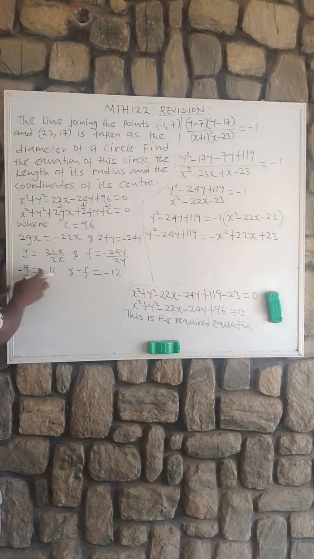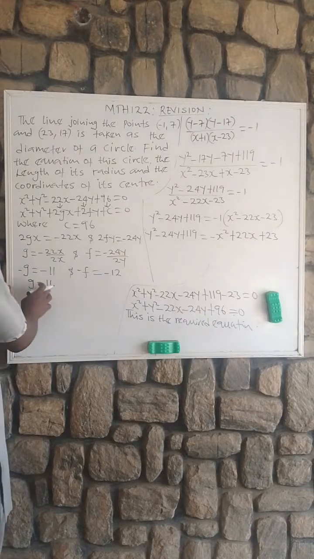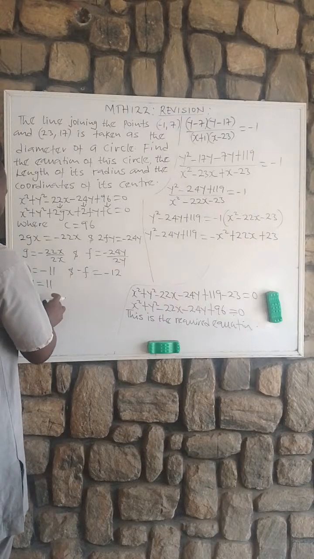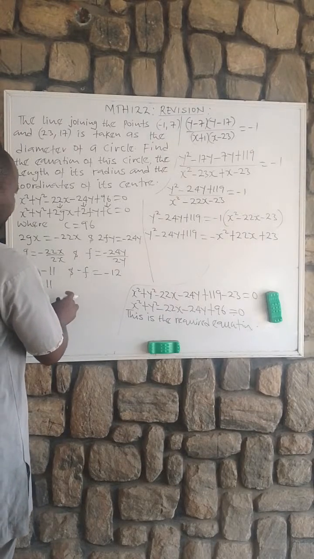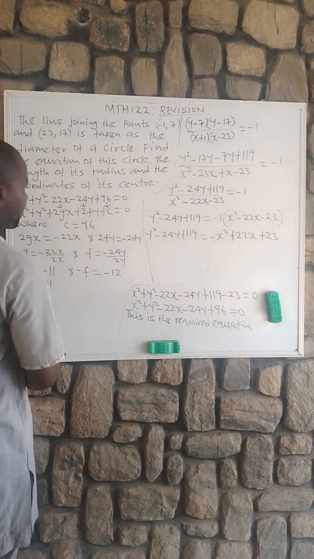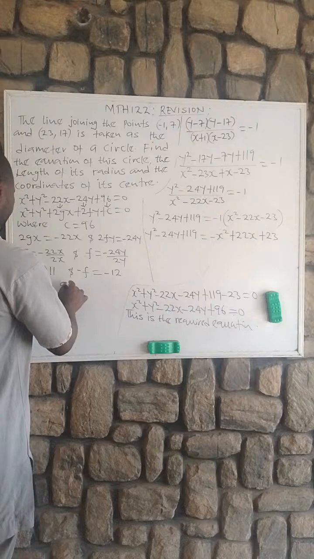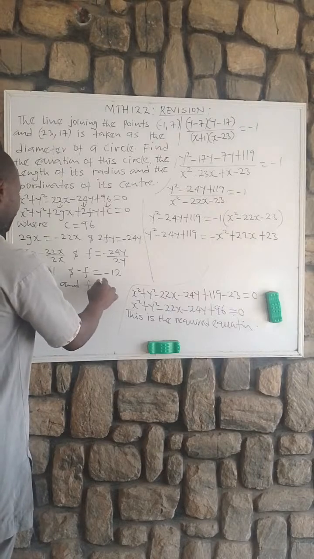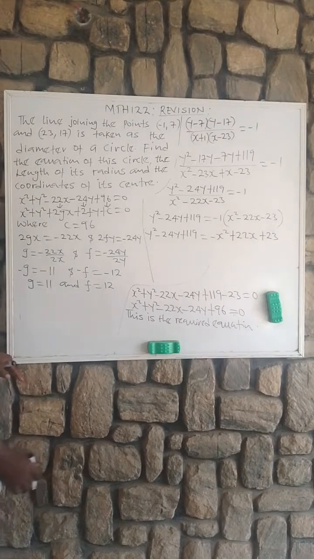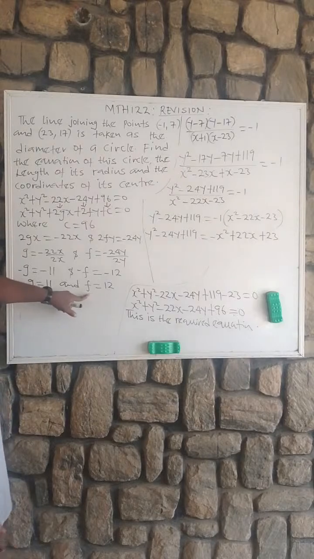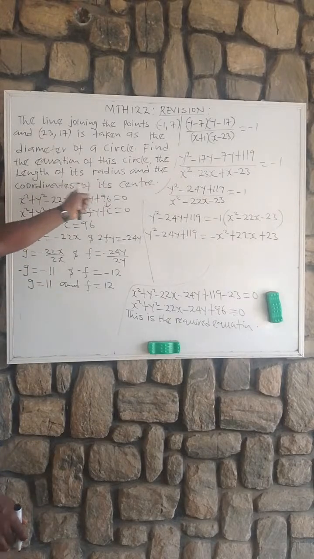So if you use this to multiply, you are going to obtain your g as plus 11 and f as plus what? 12. Amen. So now this is the center they are asking us for, the coordinates.